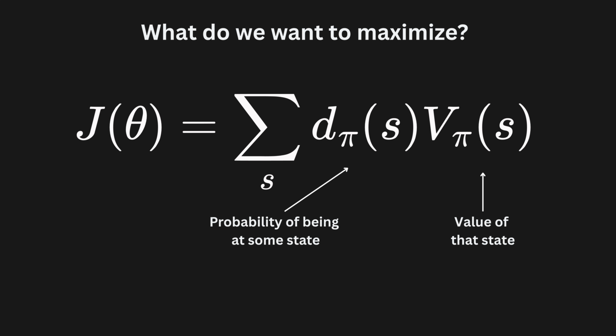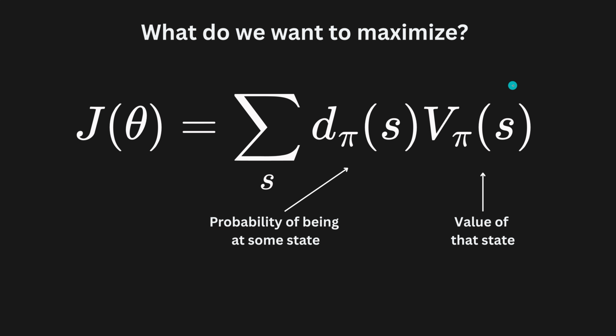So coming back to reinforcement learning, what is the thing that we want to maximize? We want to maximize the value of all the different states in our environment, right? We have all these different states, and what we want to do is maximize the value, right? Maximize our future expected returns for that specific state. That's always been the case.